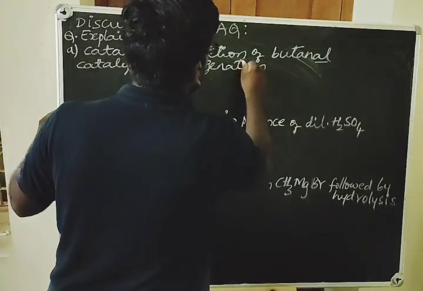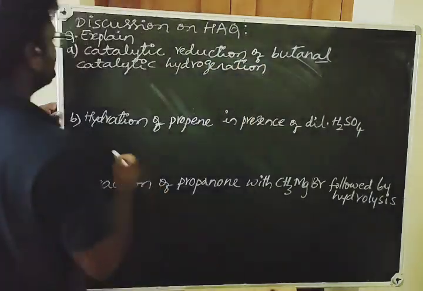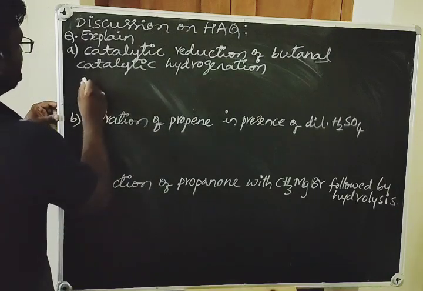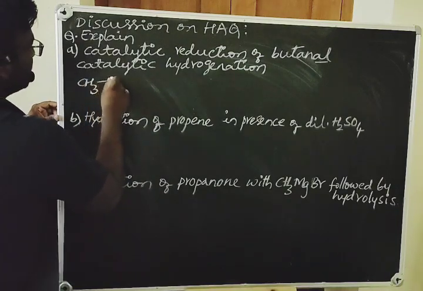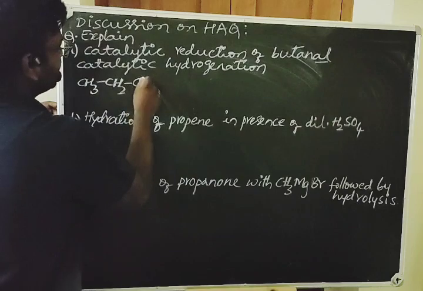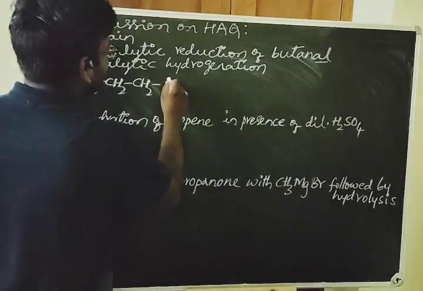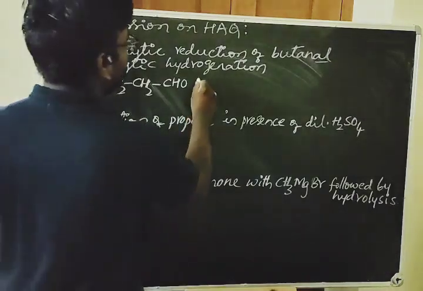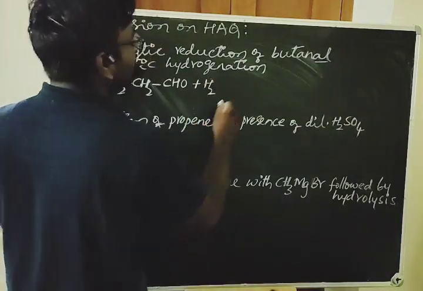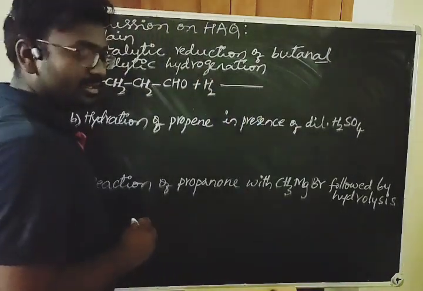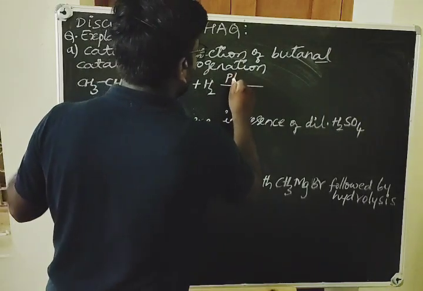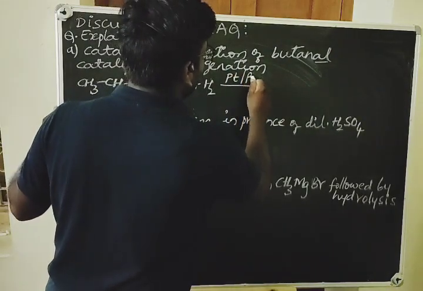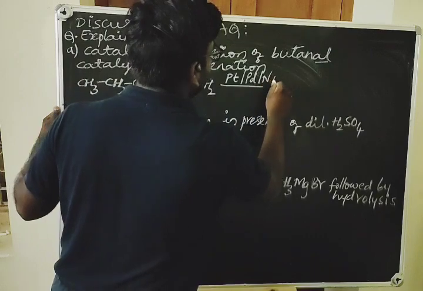Let's write the reaction for this. Take the butanal, CH3CH2CH2CHO. To this we have to add hydrogen in the presence of catalysts like platinum or palladium or nickel.